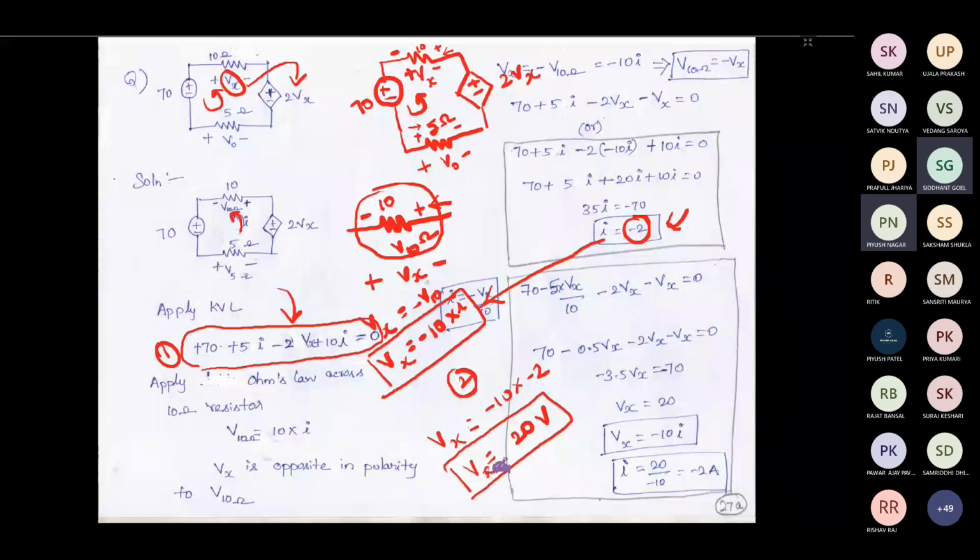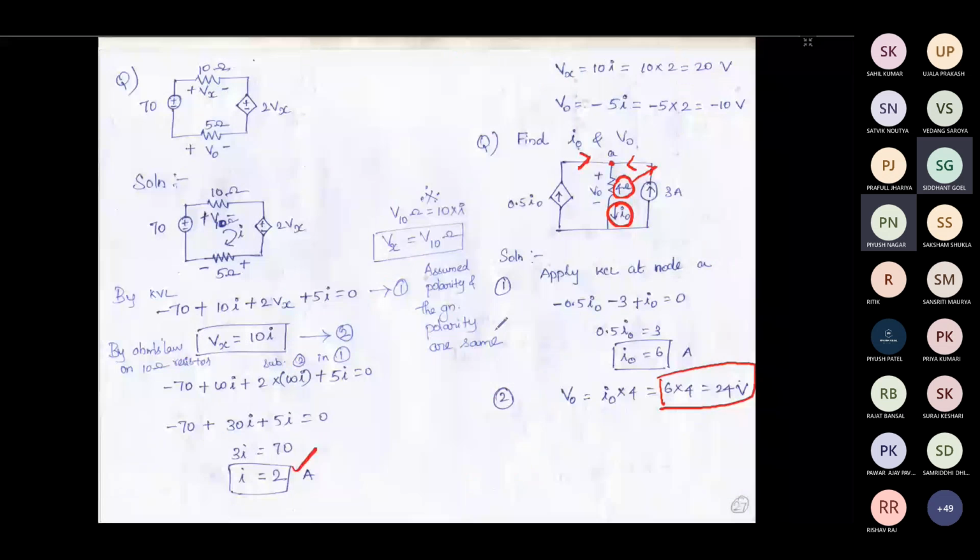I think in the last case we did not find the voltage Vx, but here also we have found Vx, and again we got the same voltage, Vx is equal to 20 volt. Even if you assume the current direction one way or the other, the voltage should come out correctly. Why?